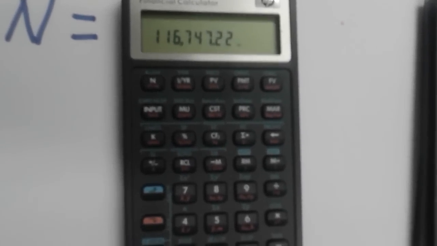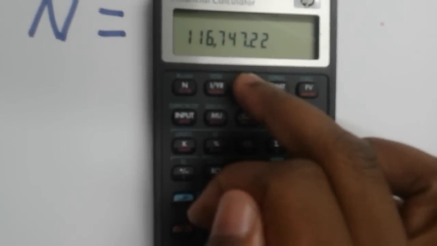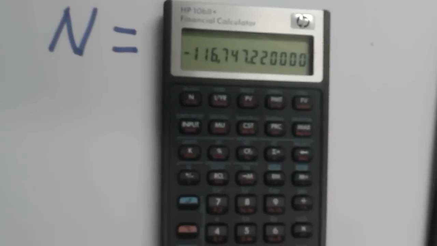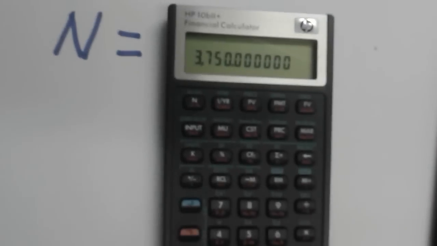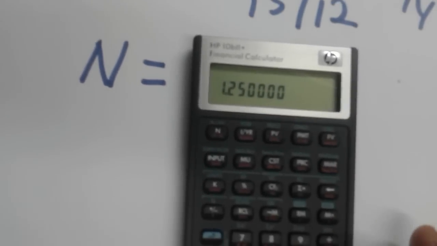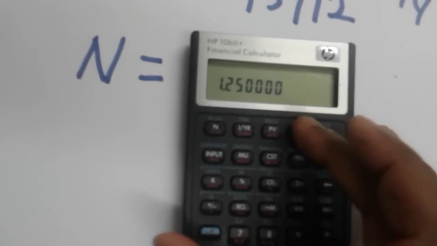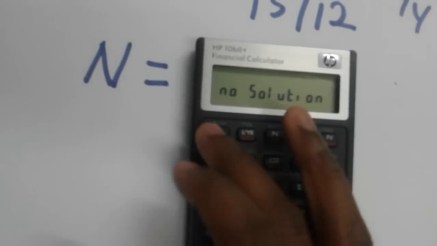And that is your PV, plus minus, that's your PV. Then 3750, that is your PMT, and 15 divided by 12, that is your I. Then you compute your PMT. Sorry, you don't compute PMT, you compute your N.